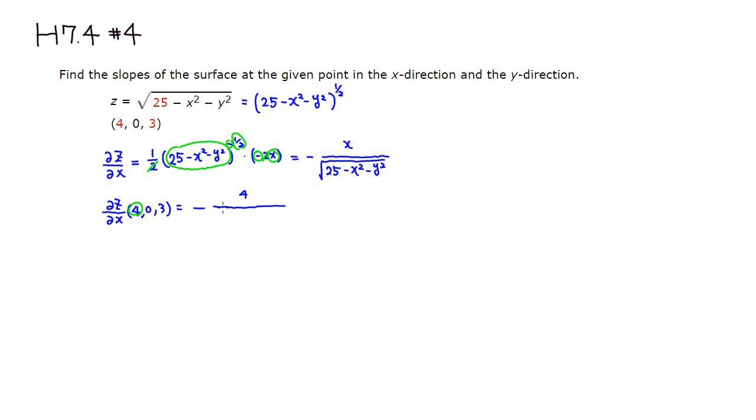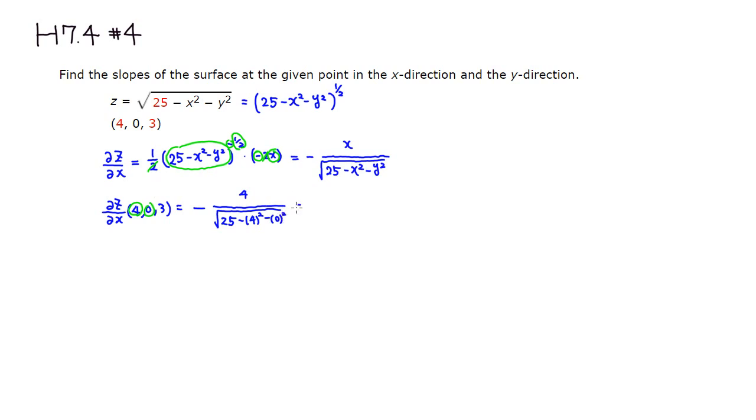Then we have a square root of 25 minus, x is 4, so 4 squared, minus y is 0, so just 0 squared.